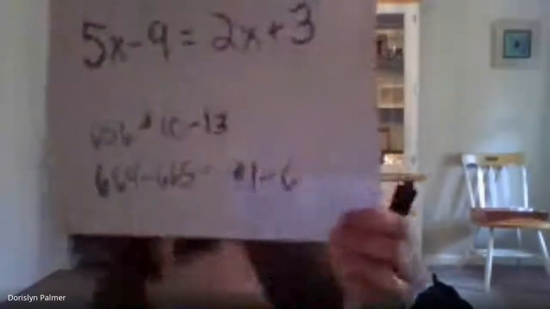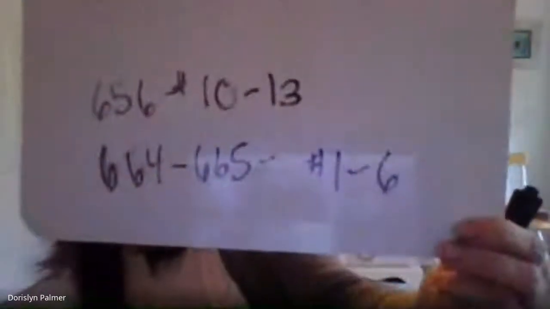And then in this new section with arcs and chords, let's do 660, 664. And one goes on to 665. I'm just going to give you numbers 1 through 6, and you might have to read the other examples. But we'll go over those ones tomorrow.